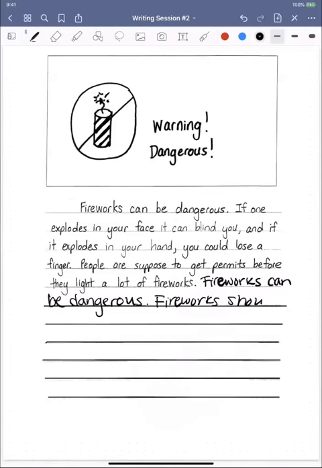Fireworks should only be lit in places where there's a lot of space.